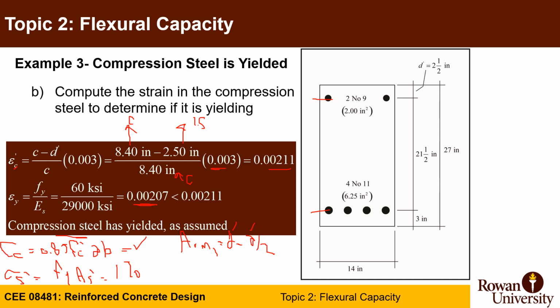In this case, arm 2 is D minus D dash, equal 21.5. Now we can take summation of C times arm to get Mn, which is going to be CC times arm 1 plus CS dash times arm 2.